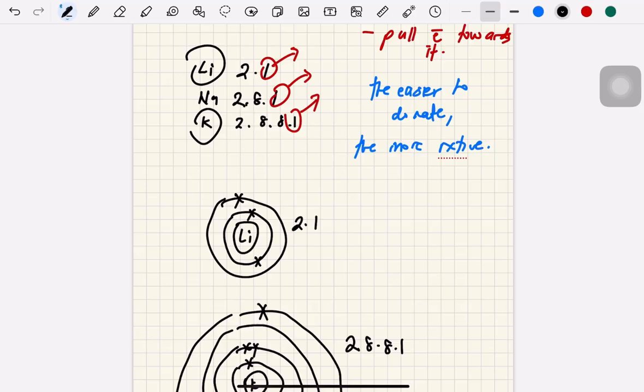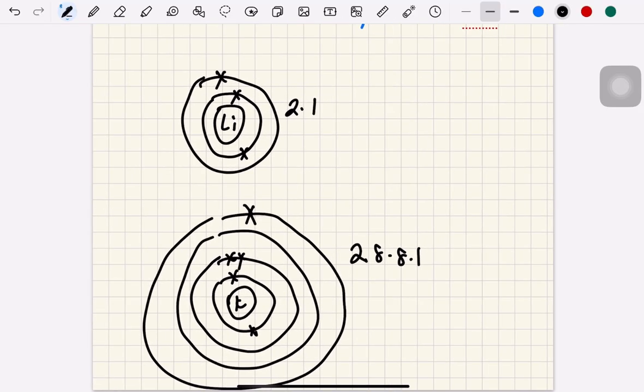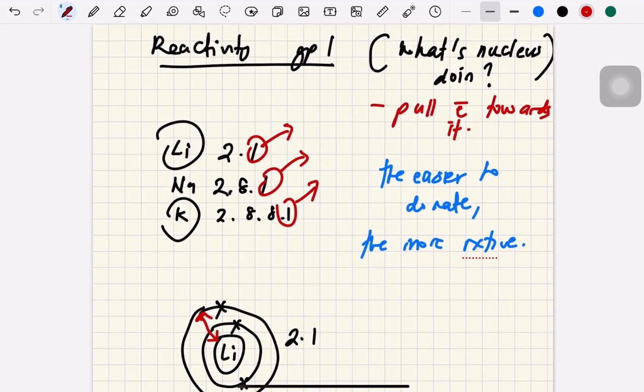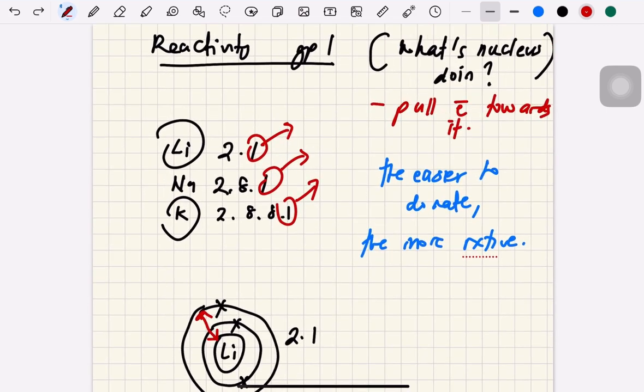Okay, so going down the group, moving down, if you notice, the outermost shell electron is further away from the nucleus. Okay, so you think, just now we said, what's the nucleus doing? The nucleus pulls electrons towards it.